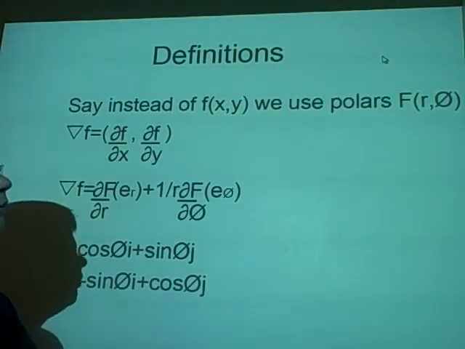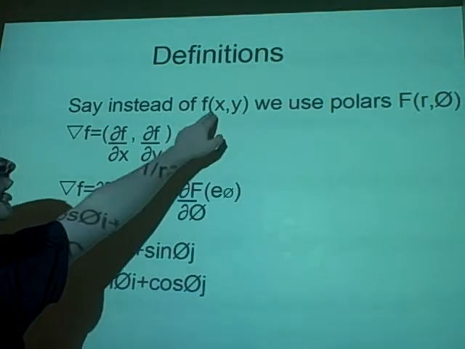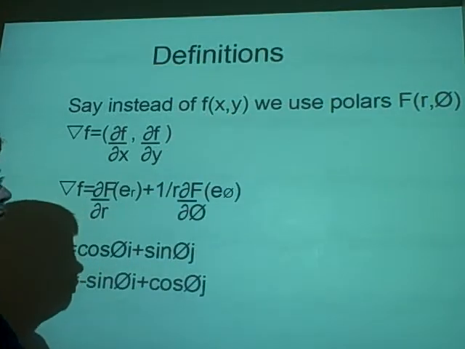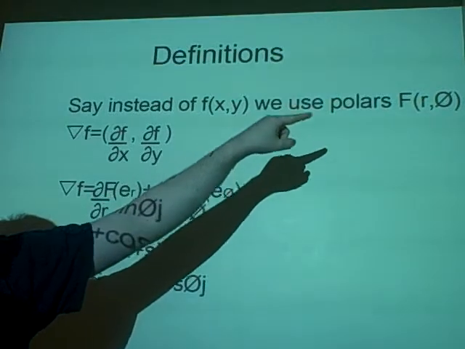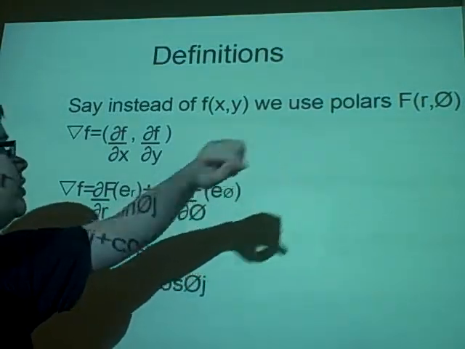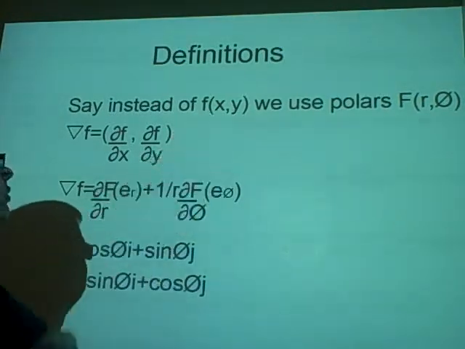Right, what we're doing here is normally we're given f of xy, and what we're given now is a different method. So we have polar coordinates. In this case I've put big F of r theta, instead of little f of xy.